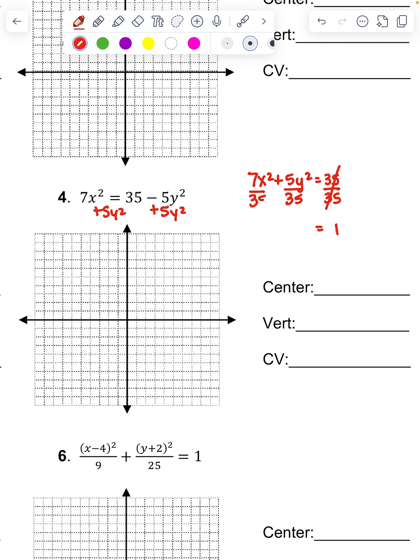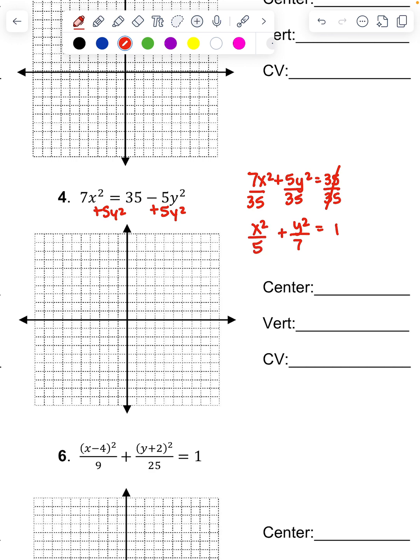It looks nice, except for when I reduce. I have 1/5, so 1x squared over 5 plus y squared over 7 is equal to 1. And I'm going to go ahead and get rid of that 1 in front of the x squared because we're not used to seeing that.